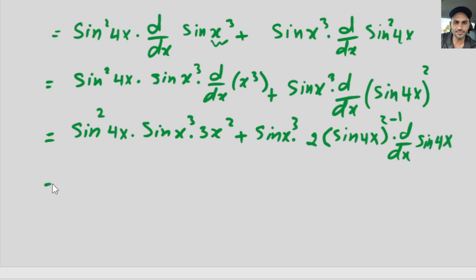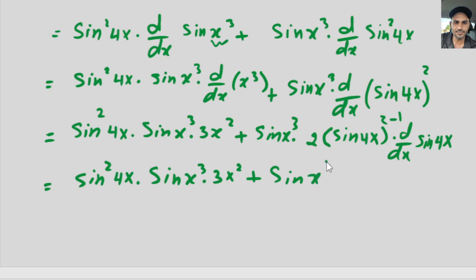So now we get sine squared 4x times cosine of x cubed times 3x squared, plus sine of x cubed times 2 sine of 4x to the 1, and then times the derivative of sine of 4x, which is cosine of 4x times 4. Let me take it to the next step.